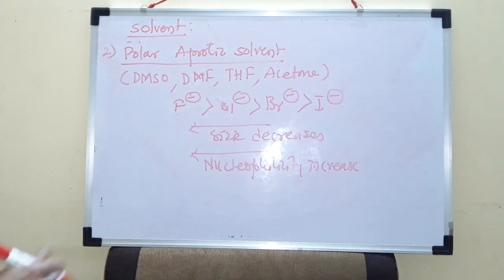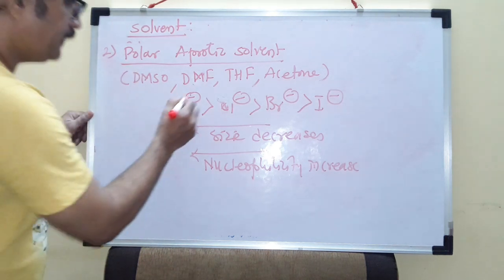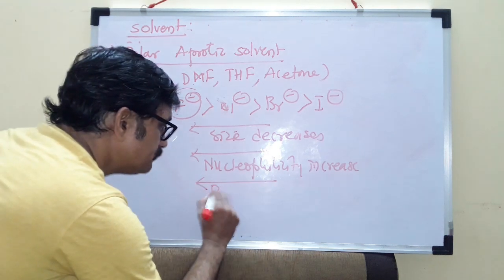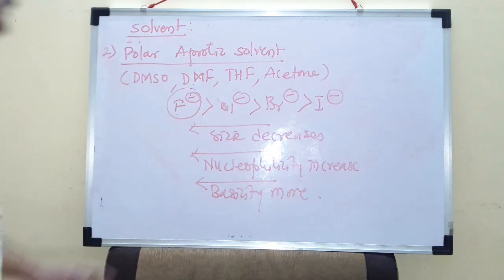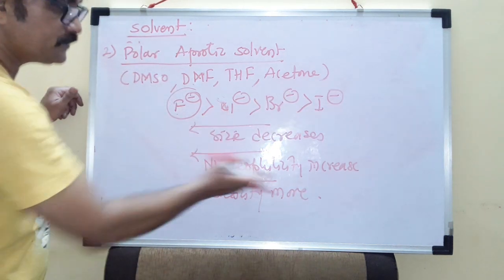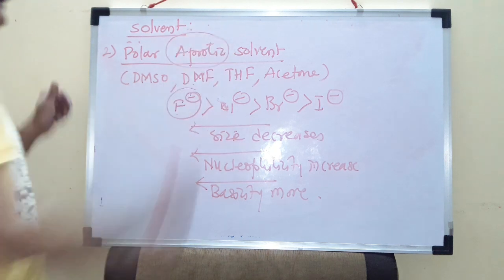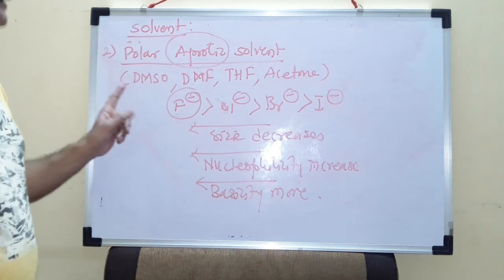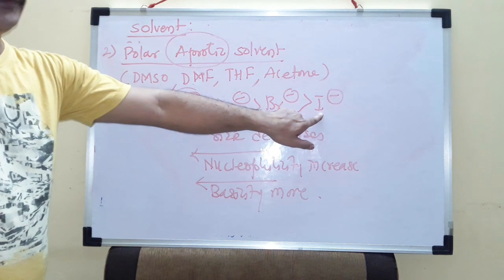Exactly reverse to the previous case in the presence of protic solvent. Here fluoride is a good base, actually a stronger base, because basicity is more. So as basicity increases, nucleophilicity also increases in the presence of polar aprotic solvent. You must remember, but in the presence of polar protic solvent, this is more nucleophilic.